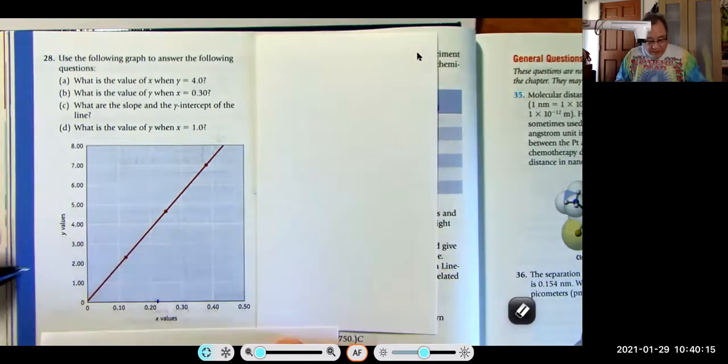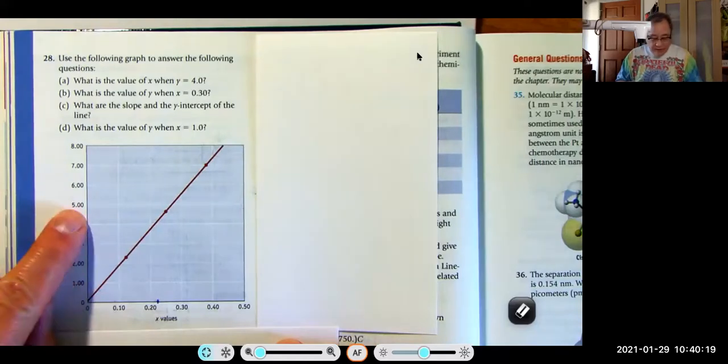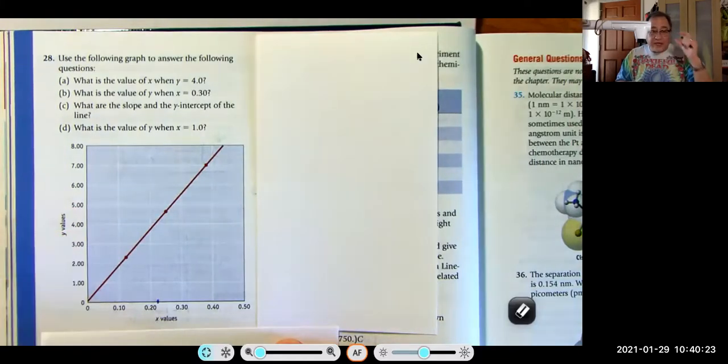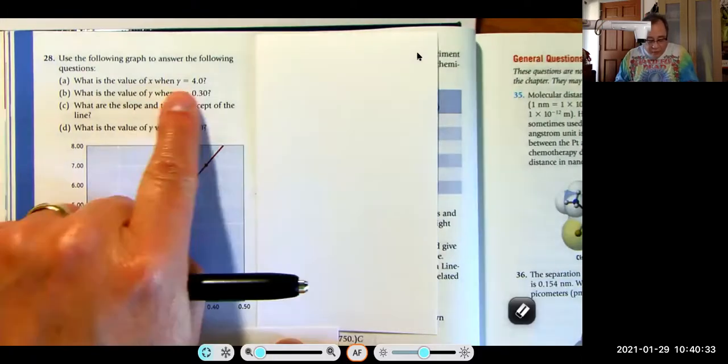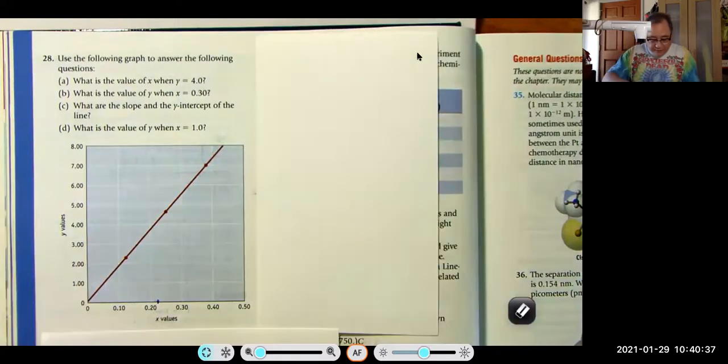And for this value here, I know it says 4.00 and 5.00, but really the difference between 5 and 4 is 1. So the tick marks, as it were, there are 1 apart. So I should be able to read to the 10th. All right, so they say when y is 4.0, so I'm going to go here to 4.0.